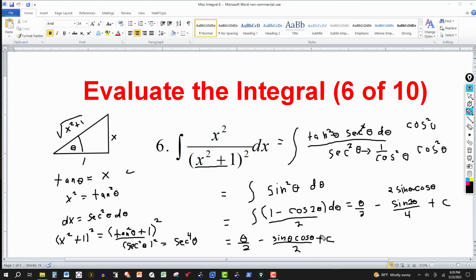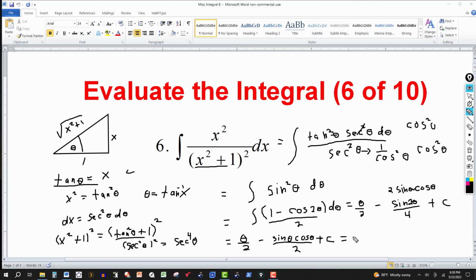And we're pretty much finished using the variable theta, but we have to go back to the original variable. So all we have to do is convert this back to x. For theta, using this substitution, taking tangent inverse of both sides, we get theta is equal to arc tangent, or I can just say tangent inverse of x.